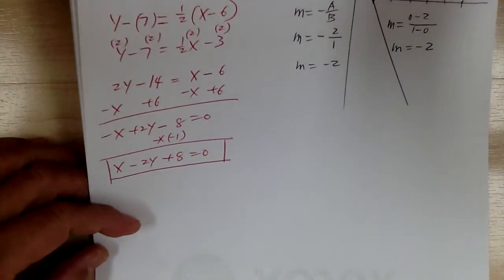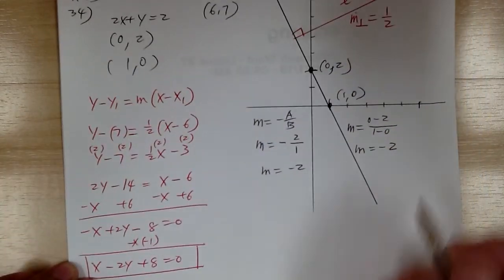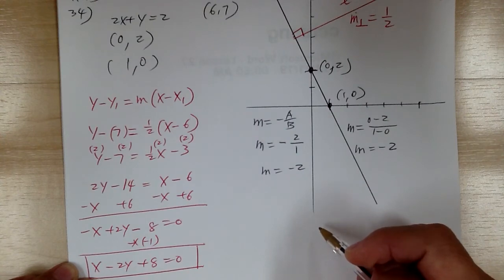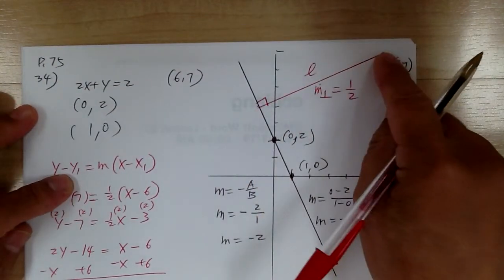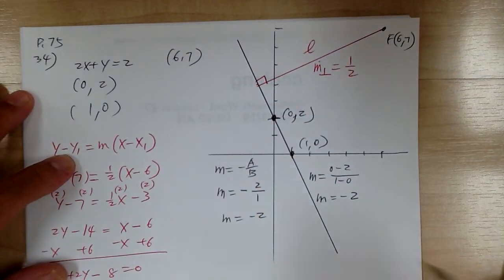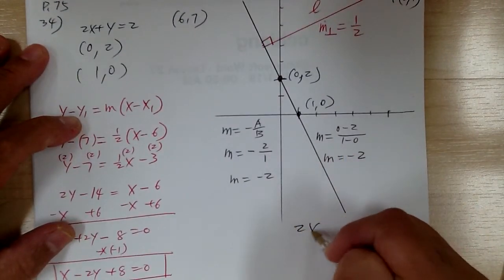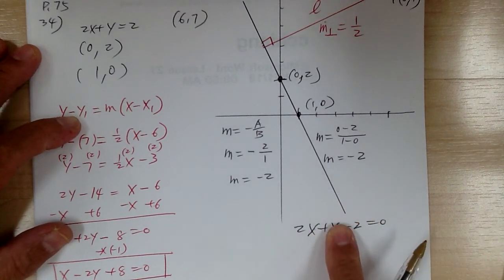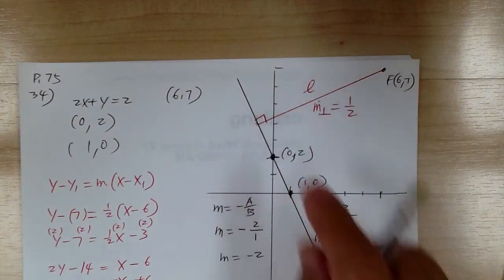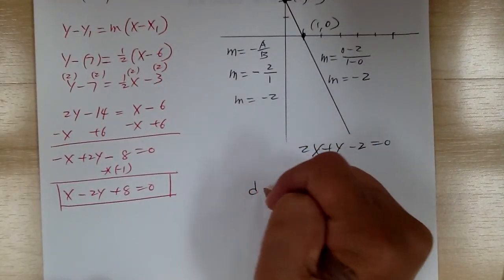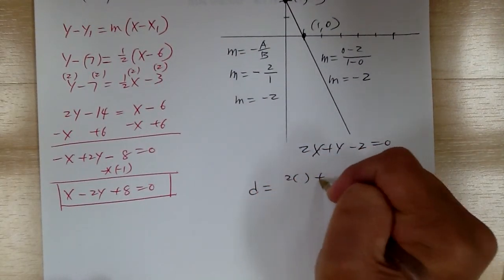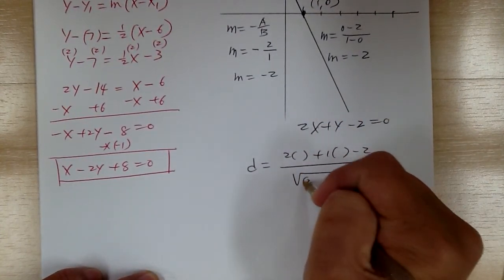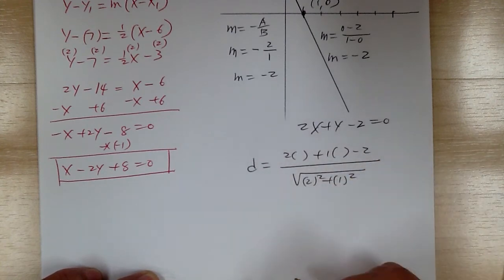Okay, the next part is you're looking for the distance from here to here. So for the distance from here to here, you have to use this point and this equation. So this equation is 2x plus y minus 2 equals 0, right? In the general form. So to find the distance, you just use the distance formula. So it'd be 2 times parentheses plus 1 times parentheses minus 2 over square root of 2 squared plus 1 squared.